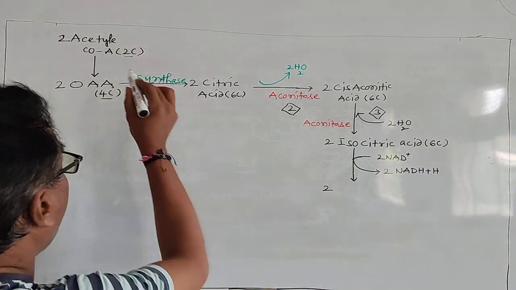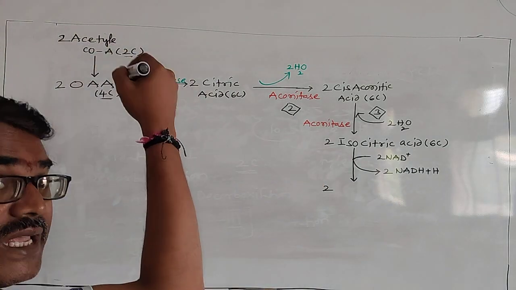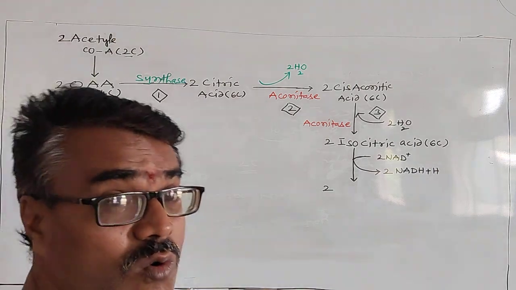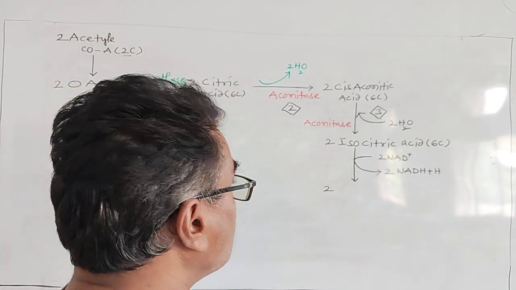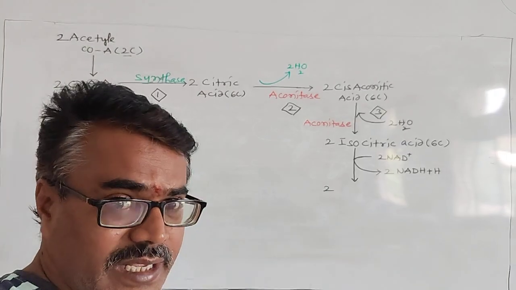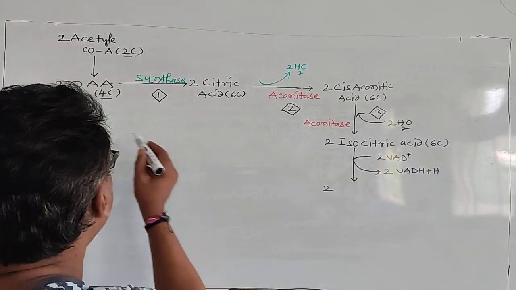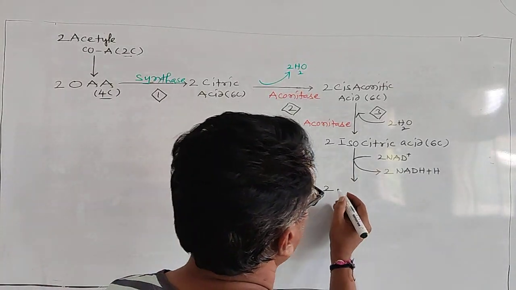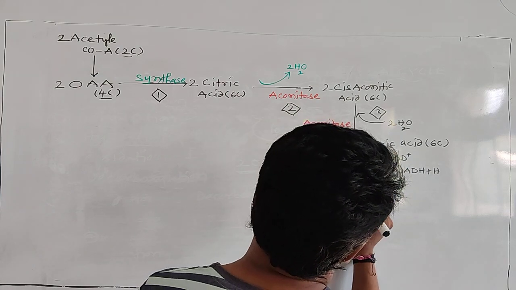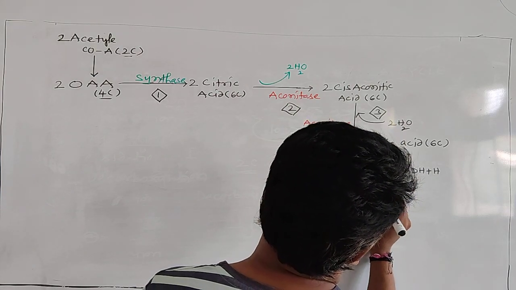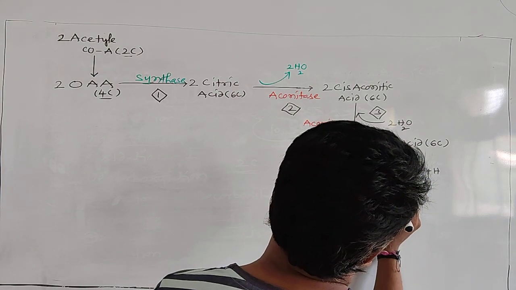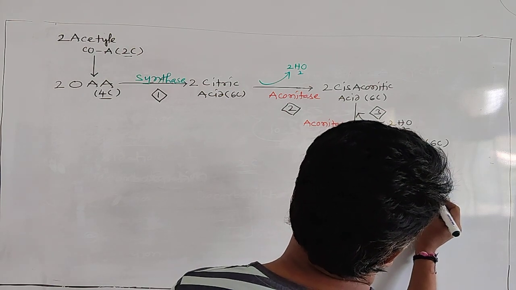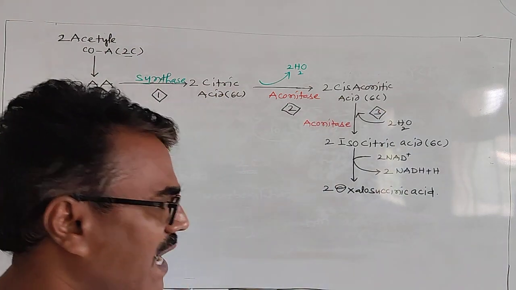Here, at the beginning of the Krebs cycle, the 2 moles of acetyl coenzyme A enter. So in this cycle, 2 moles of products are formed: 2 moles of oxalosuccinic acid.